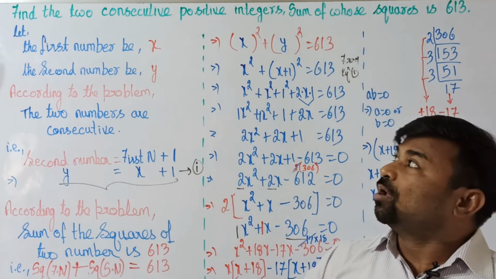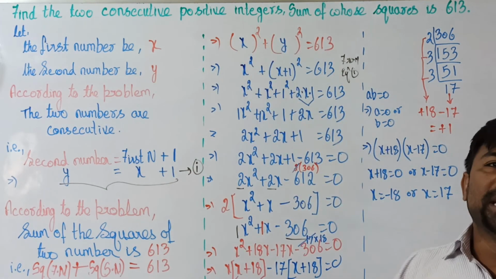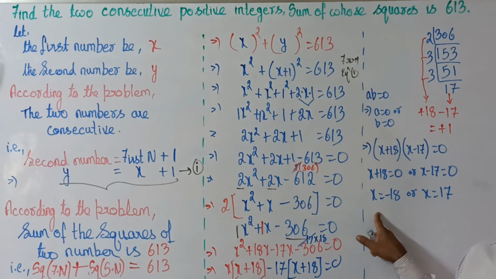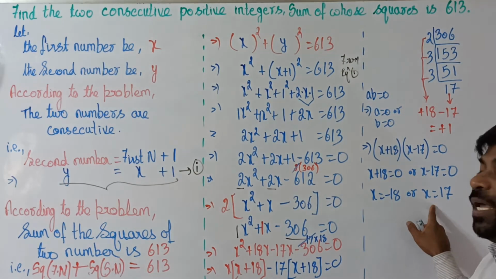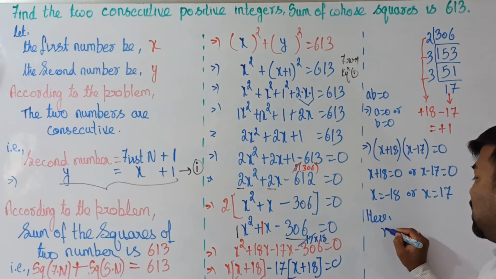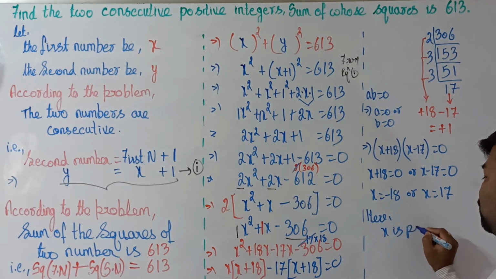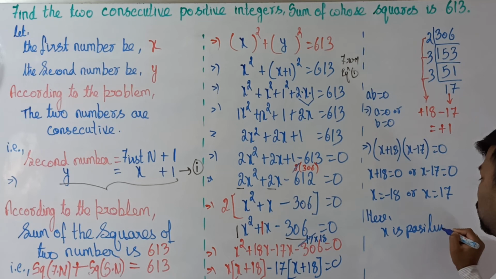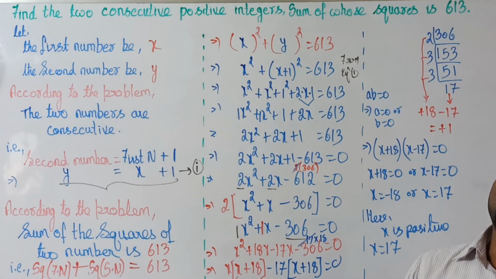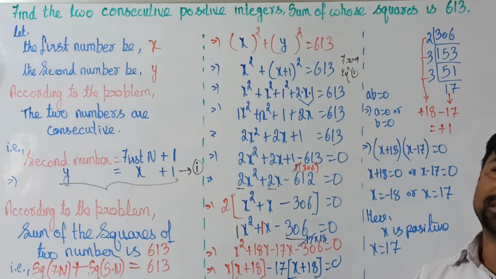But what he said is we need positive integers. So out of these two, x is negative. So let's pick a number which is positive, so x is positive. I like to take x as 17. Why? Because he's asking us to find the positive number.